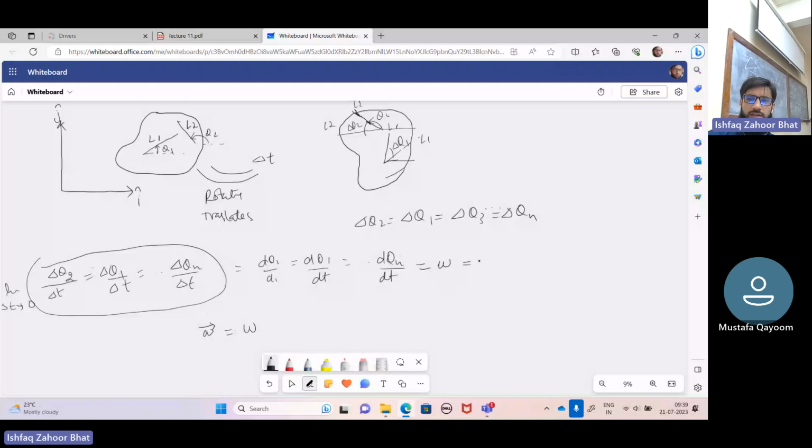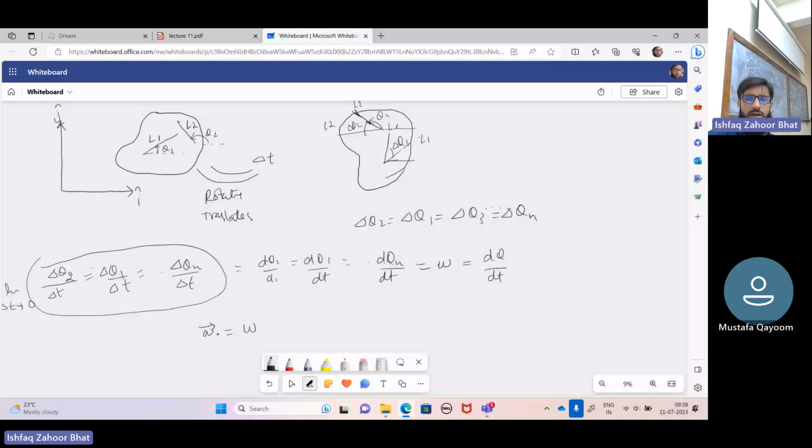This theta is the angle made by any line on the rigid body with the x-axis. Take the rate, and it doesn't matter which line you take because the rate is the same for all the lines.